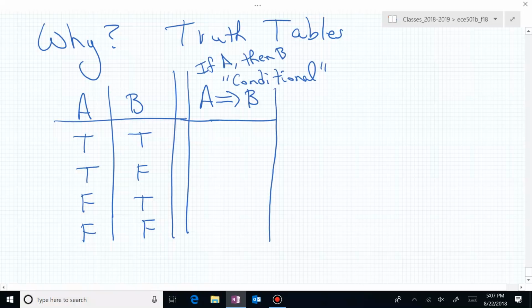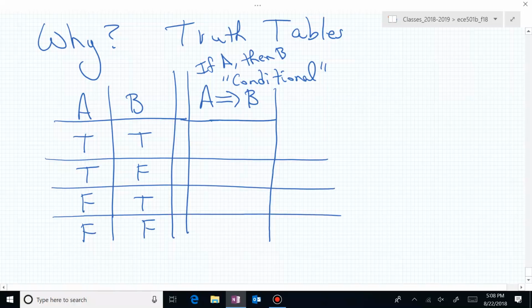And what does that look like? I like to think of this as, when are you going to catch somebody in a lie? So if I said something like, if it rains today, then I'll go to the movies. What's A? A is the hypothesis.